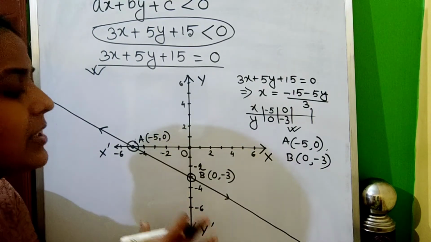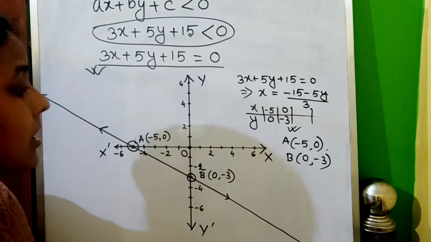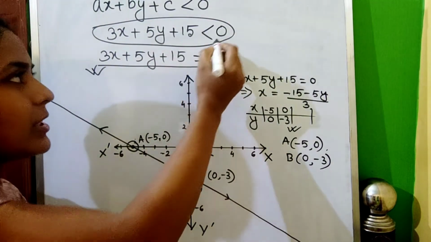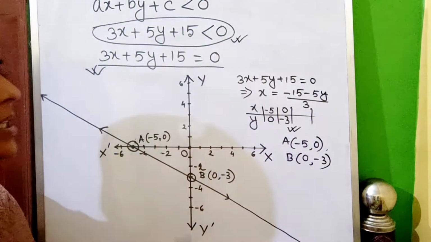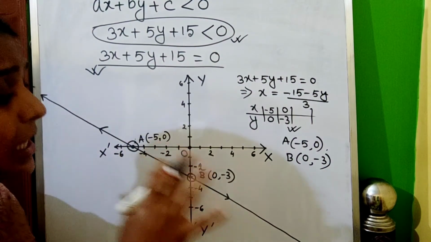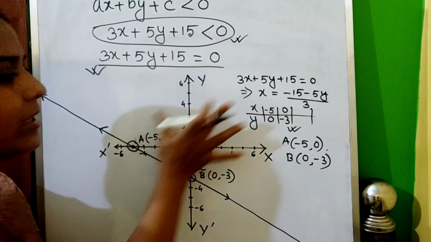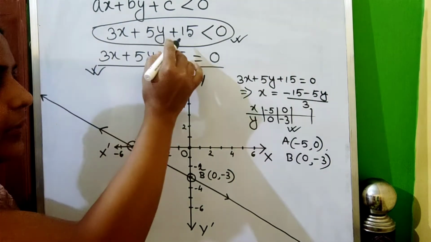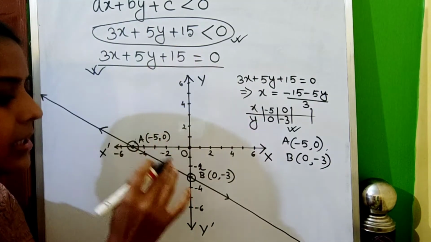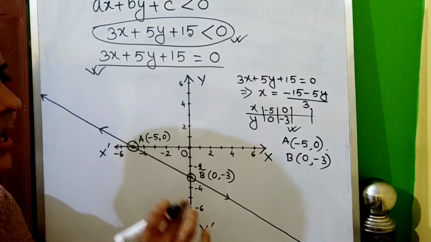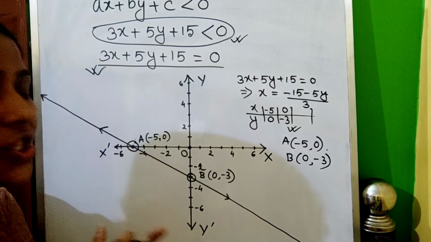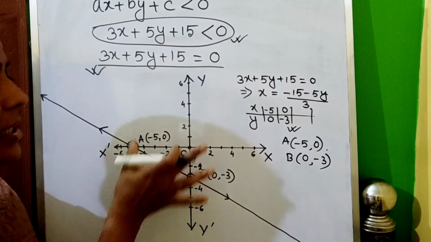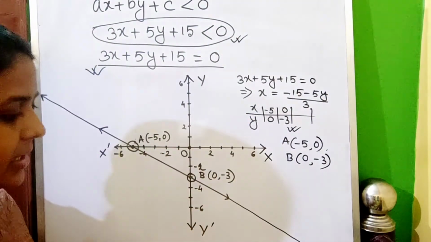Now our activity's objective is to verify that the inequality graph represents one of the half planes, either this side or this side. An inequality's graph doesn't represent a line, it represents a region. So you need to know which region, either this plane or this side's plane.